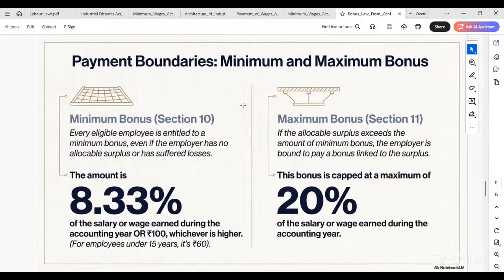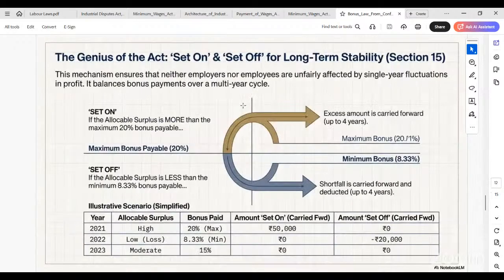Minimum is 8.33, maximum is 20. And then set on and set off. The maximum is 20, the minimum is 8.33. See these, suppose you see the examples, it is clear.